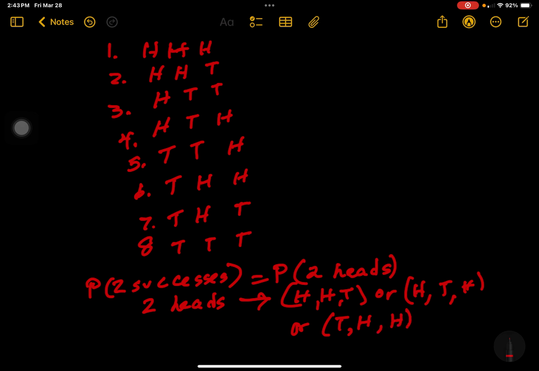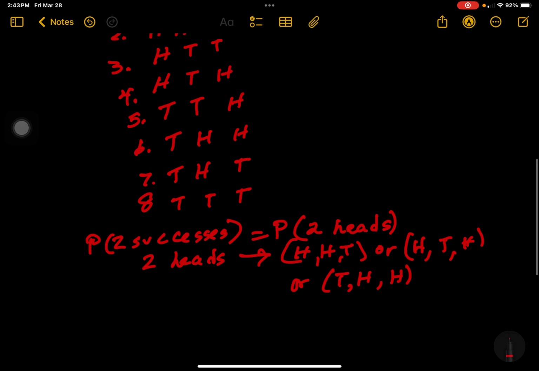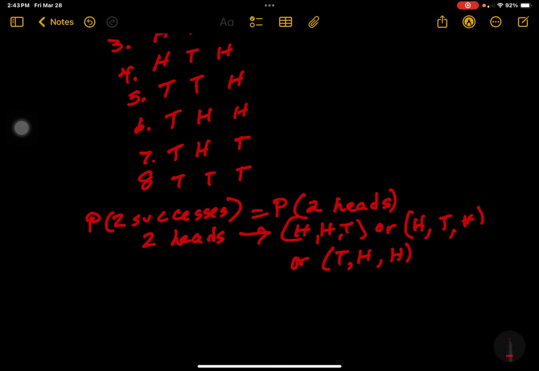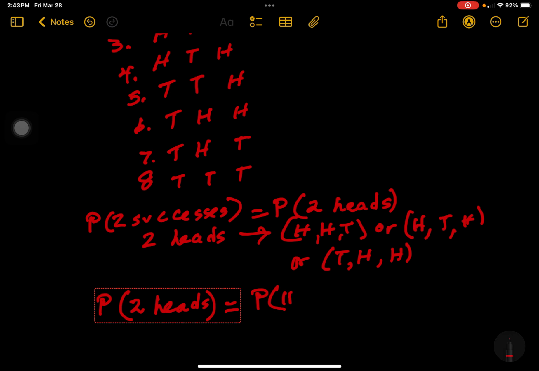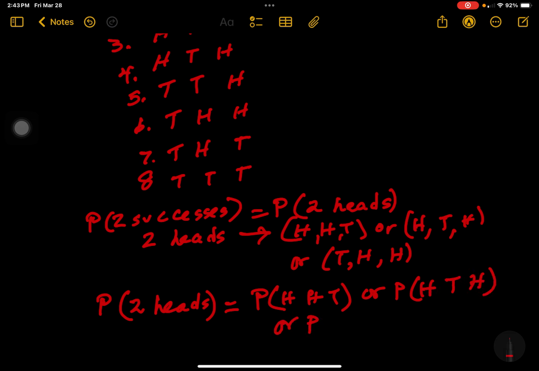Now as I said, these are mutually exclusive. We do not know which one exactly will happen. So when we are looking for the probability of 2 heads, it can be the probability of head head tail, or the probability of head tail head, or the probability of tail head head.